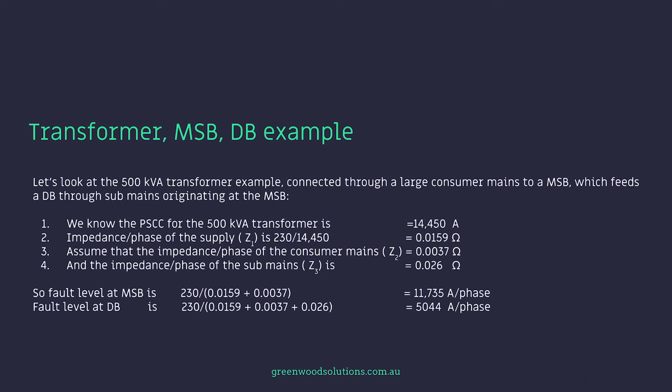Now the fault level at the distribution board is again the same kind of calculation, but we add another impedance. So it's 230 volts divided by 0.0159 ohms plus 0.0037 ohms plus 0.026 ohms. And that gives you a figure of 5,044 amps per phase as the prospective short circuit current.